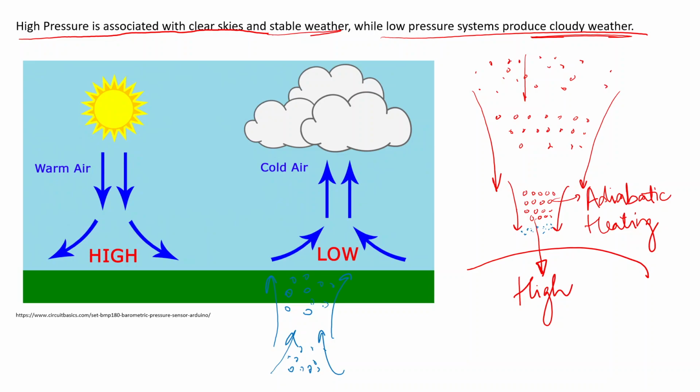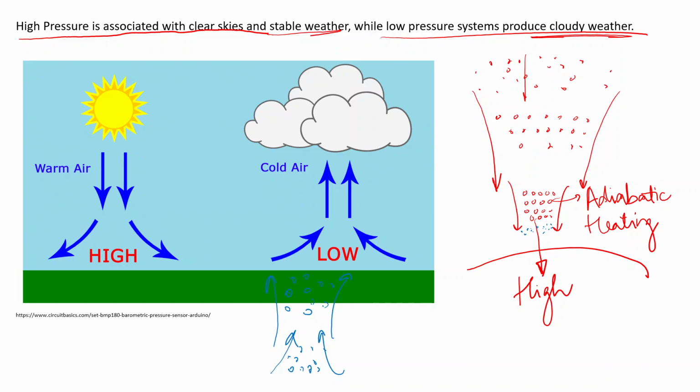Now, the moisture which is at the Earth's surface is released. As it is released, the heat of condensation allows this water vapor to form clouds and fall as precipitation, and therefore the weather does not remain clear.